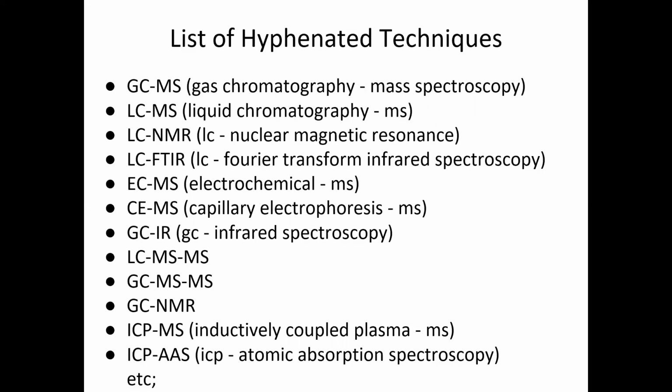Now these are the list of hyphenated techniques: GCMS, gas chromatography with mass spectroscopy, liquid chromatography with mass spectroscopy, liquid chromatography with nuclear magnetic resonance, liquid chromatography with Fourier transform infrared spectroscopy, capillary electrophoresis with mass spectroscopy, GCIR, GCNMR, ICP, inductively coupled plasma with mass spectroscopy, ICP with atomic absorption spectroscopy, etc. These are the few which I have mentioned.